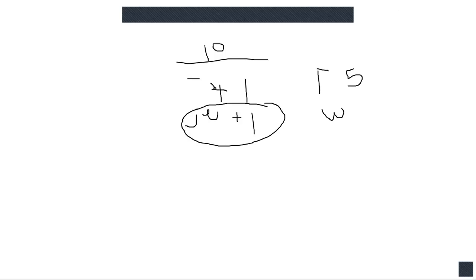What omega is going to be? 1 upon 5, right? So omega into T is equal to 1, when you multiply these two. So 1 is the threshold value. When T is 5, omega is going to be 1 by 5. When you multiply these two, you will get 1. So omega T equal to 1 is the threshold.